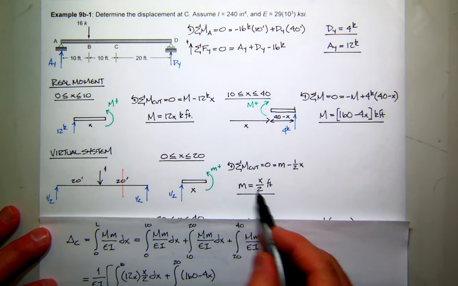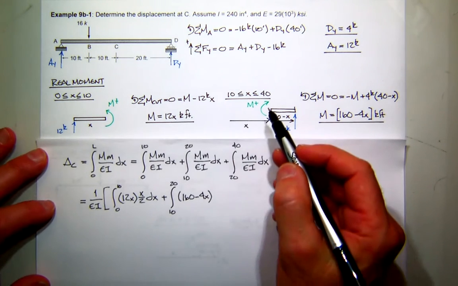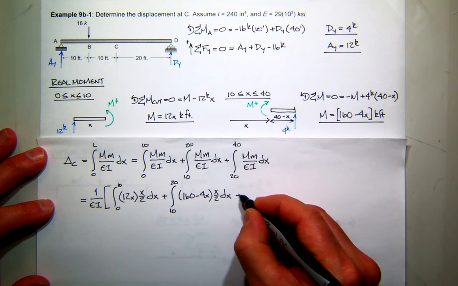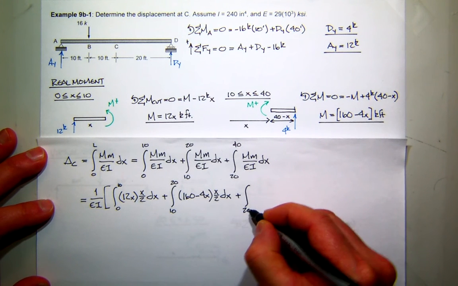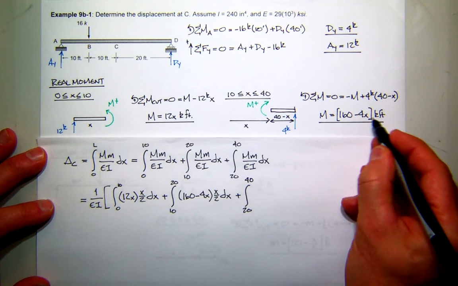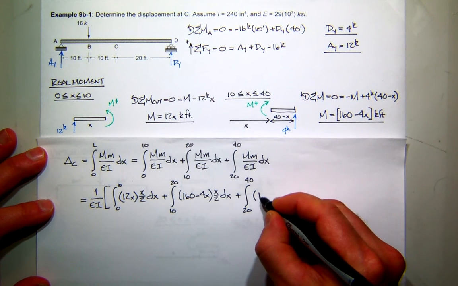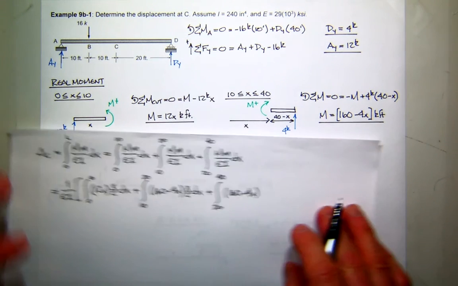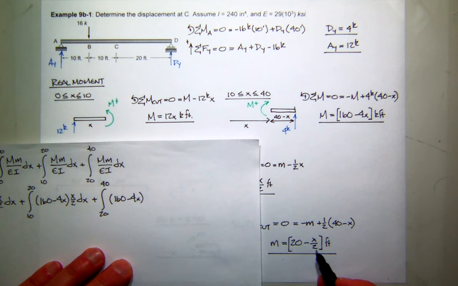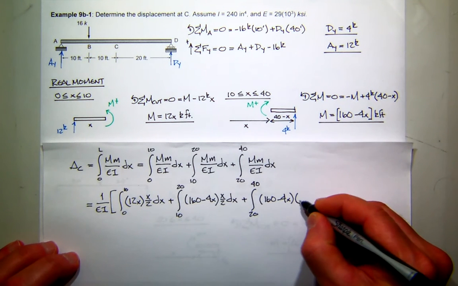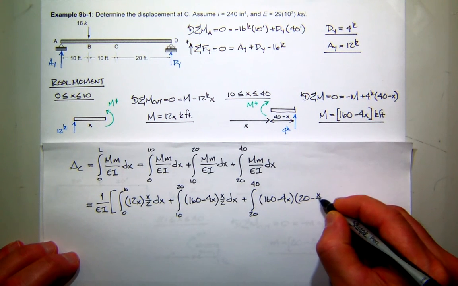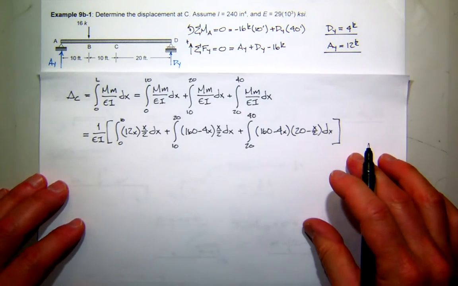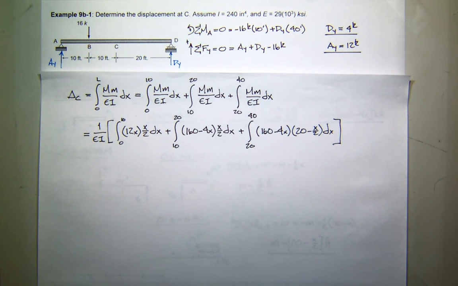But I'm still using this part of the virtual moment. And then the last component, from 20 to 40, I'm still using this for my real moment, but now my virtual moment equation shifts to 20 minus x over 2. So there would be my virtual work equation.